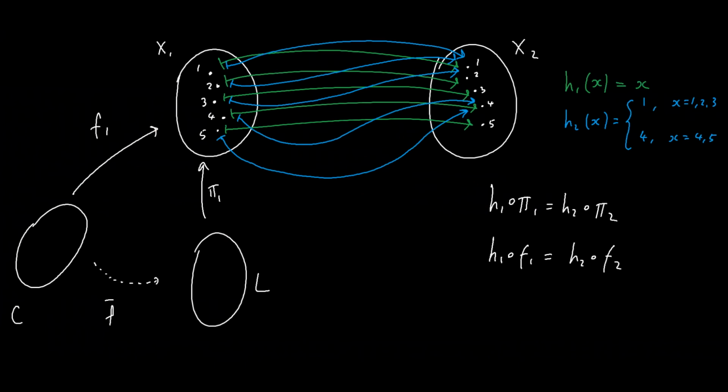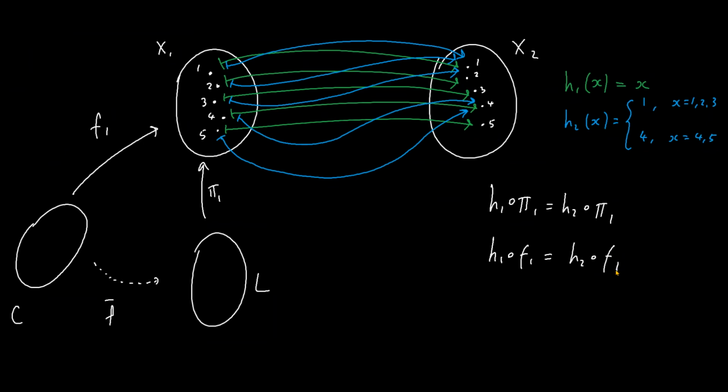Now, in the example of these two specific functions h1 and h2, what would be the most natural function you can think of, the most optimal in a sense, that will satisfy this requirement? Sorry, I made a mistake. It should have been pi1 on both sides, and also f1, right?